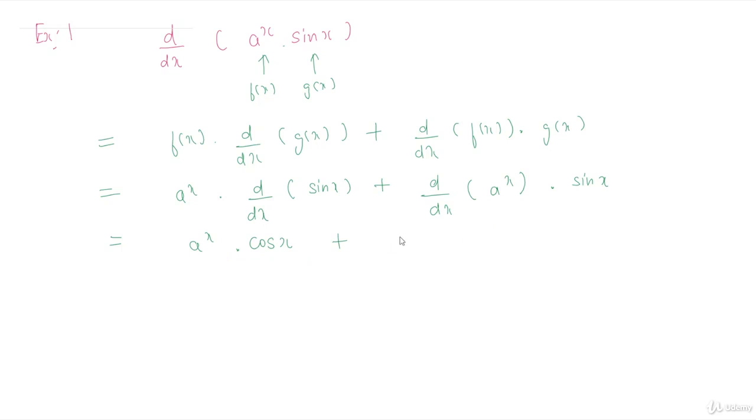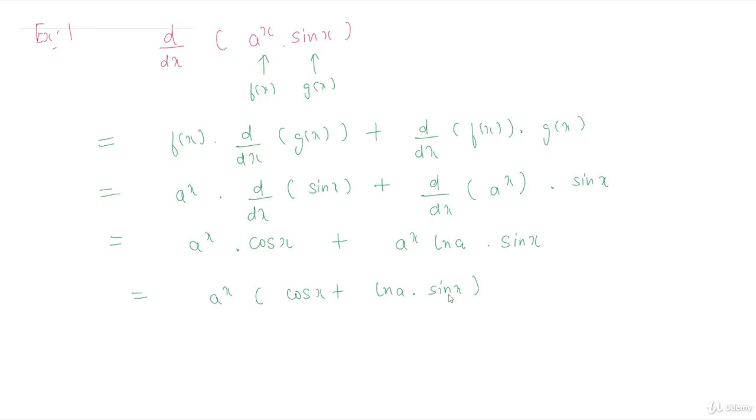From the rules mentioned earlier, we can derive that it is a to the power x times ln a, multiplied by sine x, which is here the second function. So the result becomes, after taking a to the power x common, a to the power x times (cos x plus ln a sine x), right?